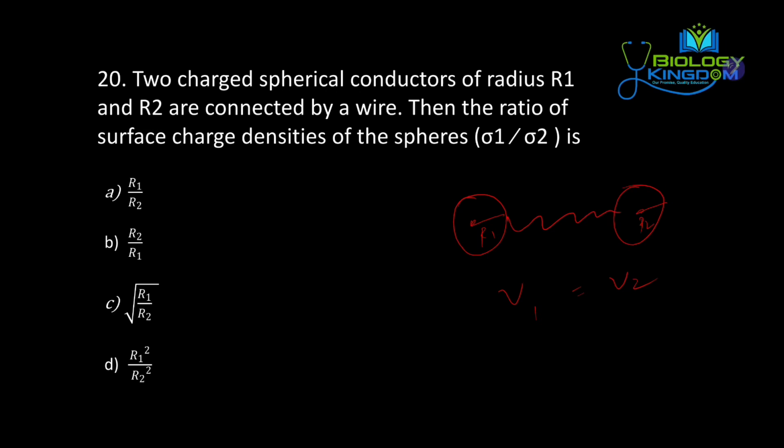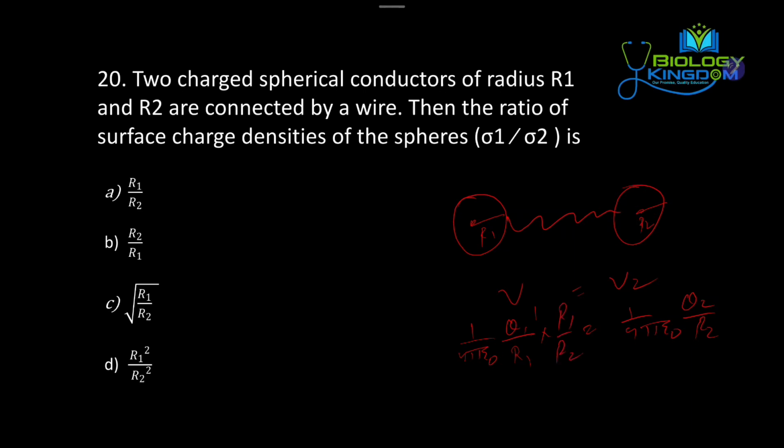So the potential of this sphere will be equal to the potential of this sphere. What is the formula of potential? 1 by 4 pi epsilon naught Q1 by R1, where Q1 is the charge on the first sphere. Similarly, the potential on the other will be Q2 by R2.